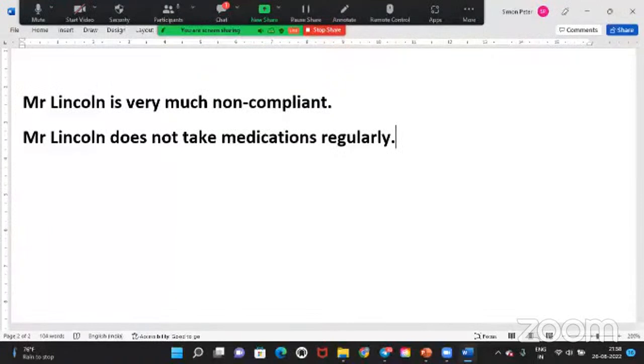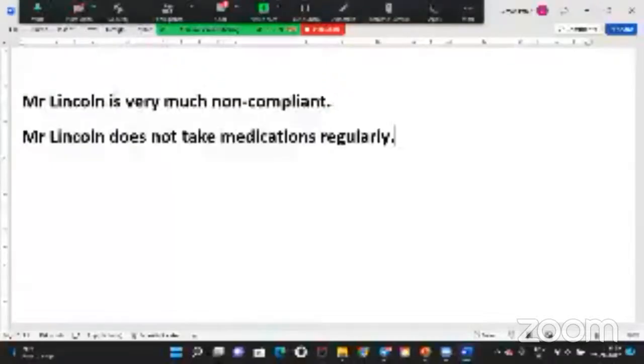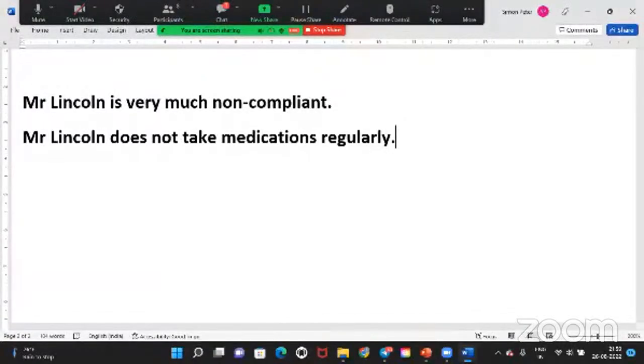Write down, go on writing. Mr. Lincoln is very much non-compliant. Mr. Lincoln does not take medications regularly.